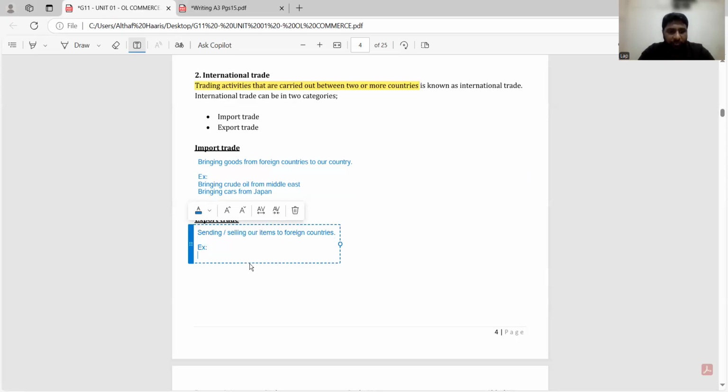Example: sending Sri Lankan tea to European countries, sending Sri Lankan apparel to the USA.